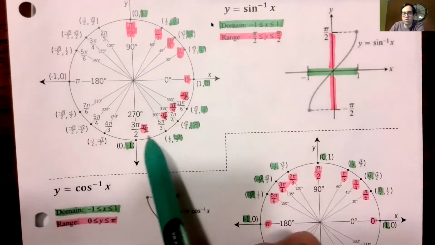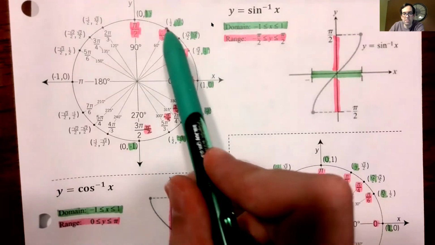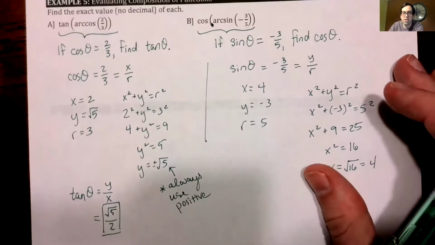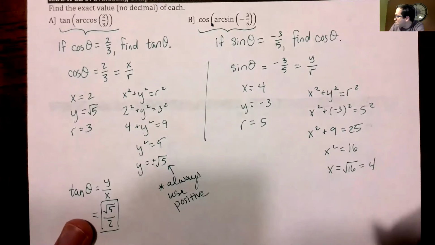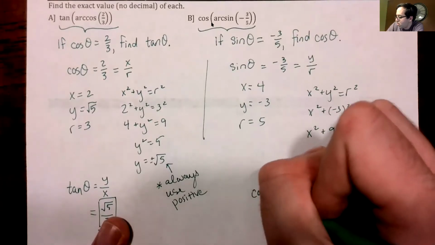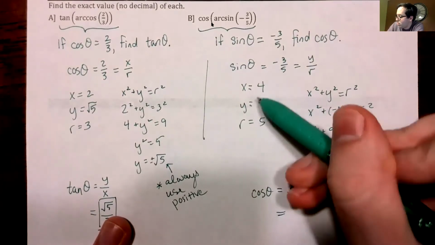All of the angles have ordered pairs that have positive x's. So that's how we know that x is positive in this situation. But again, you can just assume that the missing value is always going to be positive in these cases. Now we need to find the cosine. Cosine is x over r, which in this case would be 4 over 5.